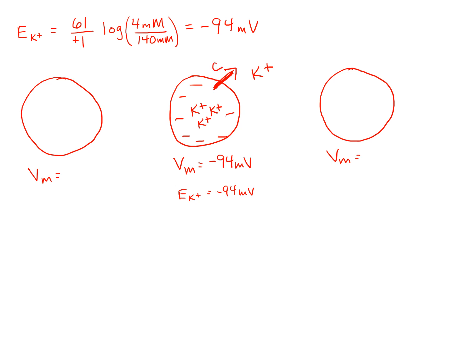And then the electrical driving force, we have a plus charge on potassium. We have negative charges inside the cell from the membrane potential. Opposite charges attract each other. So the potassium outside would want to go in, the potassium inside would want to stay inside. So the electrical driving force would be inward. And it's going to be the same size.